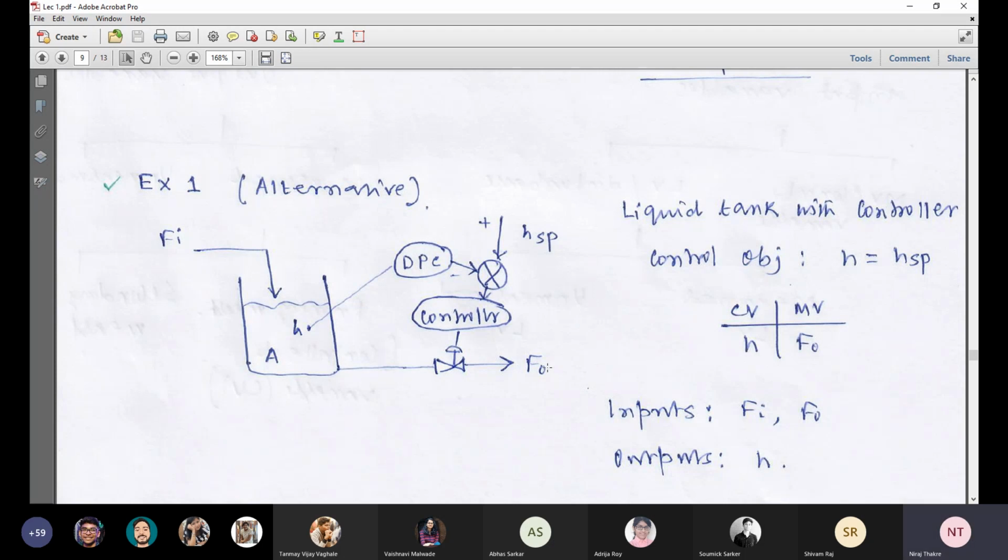But currently we are discussing variable classification. That's why I have written at the end inputs and outputs. Do you have any question in this example?